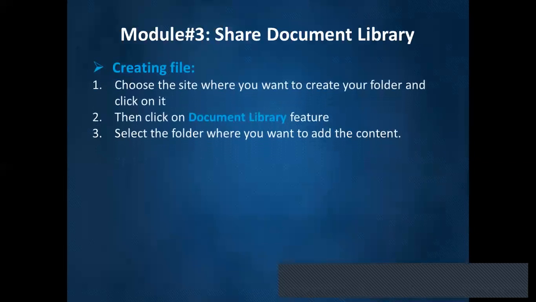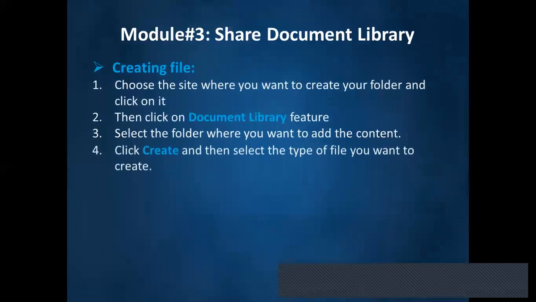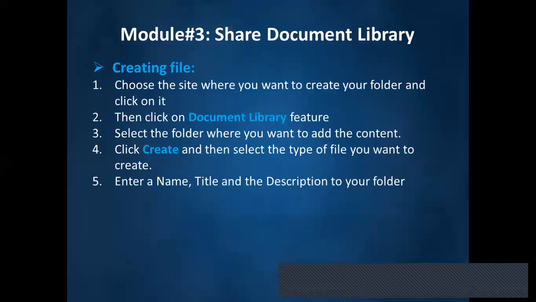Select the folder where you want to add the content. Click on Create and then select the type of file you want to create. Enter a name, title, and description for your folder or file. Add the file content in the content box. Click Create.